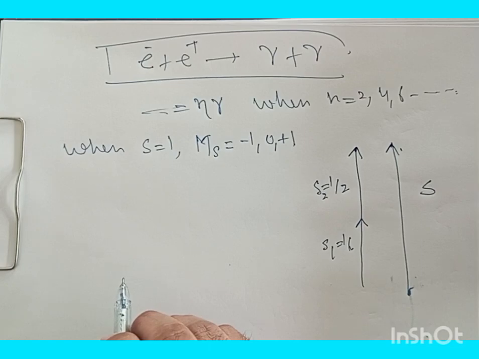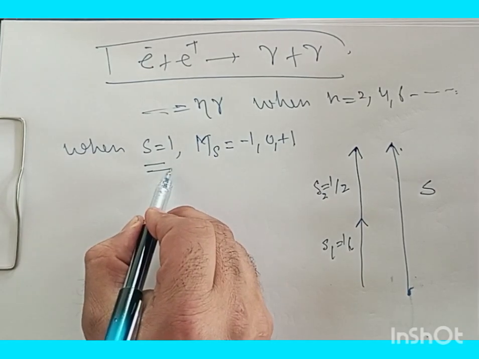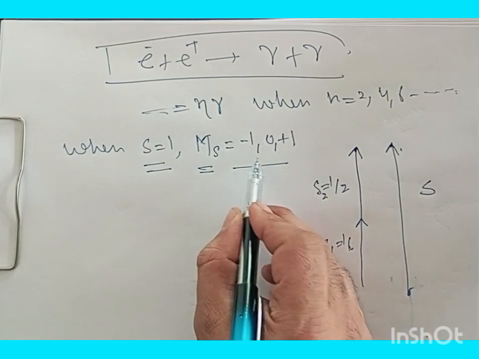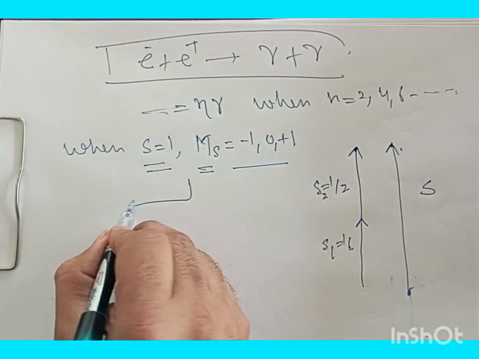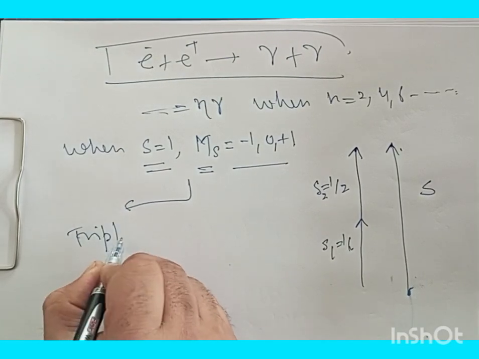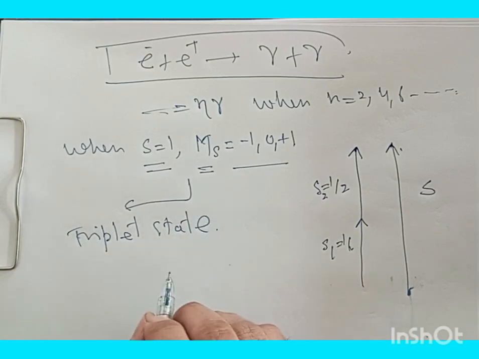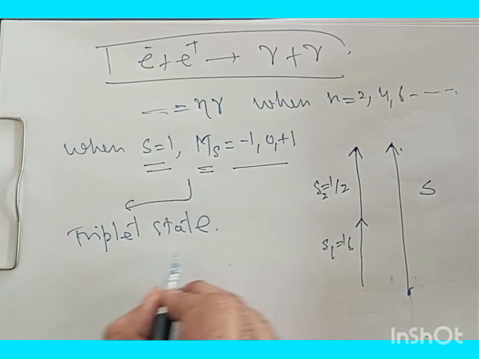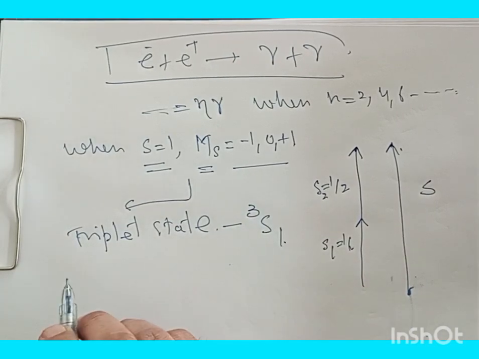The state corresponding to S equal to 1 and ms equal to -1, 0, and +1 is called the triplet state. This is the triplet state of positronium, and it can be symbolized as 3S1.